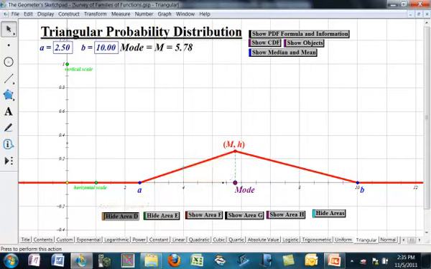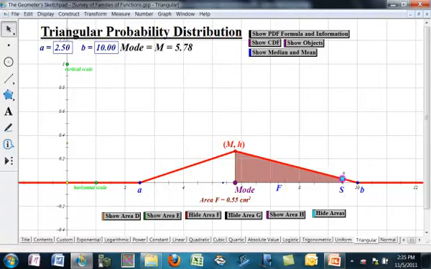That's the probability. Here's an area E, and E always goes right to the median, and then you can go from there. F always starts at the median and it goes to the right. Area G is always to the right of the median. It could be the whole thing to the right or only part of it.